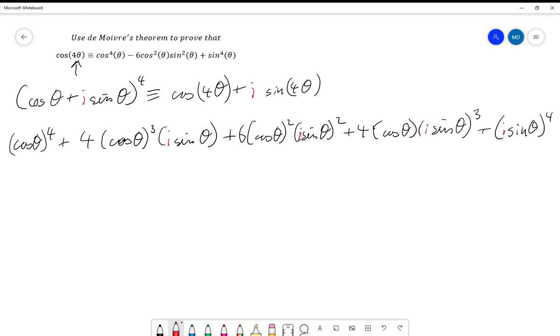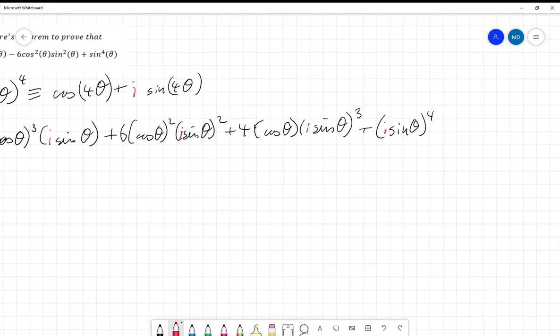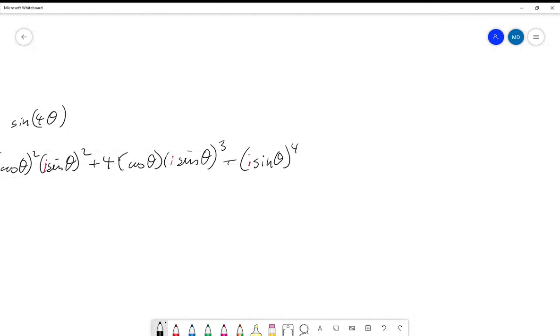And that there is just the left hand side, so that is still all equivalent to cosine of 4 theta plus i sine of 4 theta.